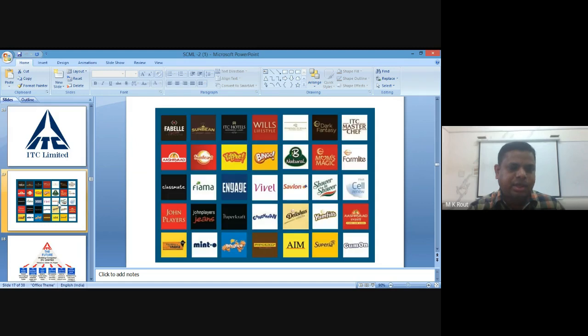Clear? So these are the basic brands under ITC. If you go to Wills Lifestyle, Sunfeast, Yippee, Superia, Mint-o, John Players, or Aashirvaad Atta, these are the premium segment brands available in the FMCG sector.